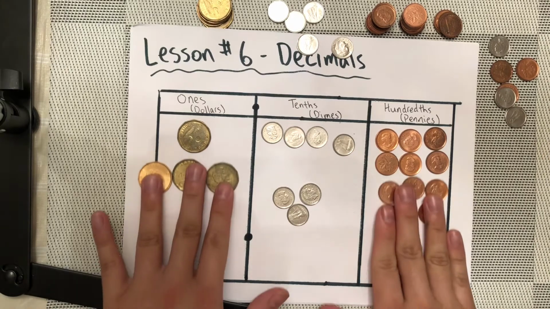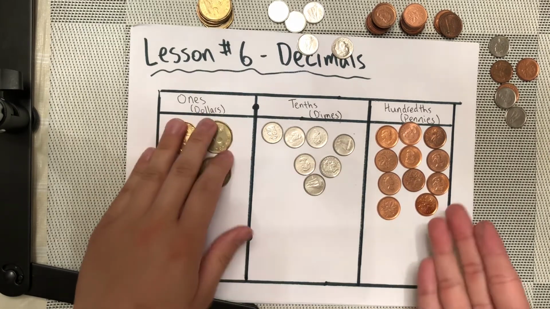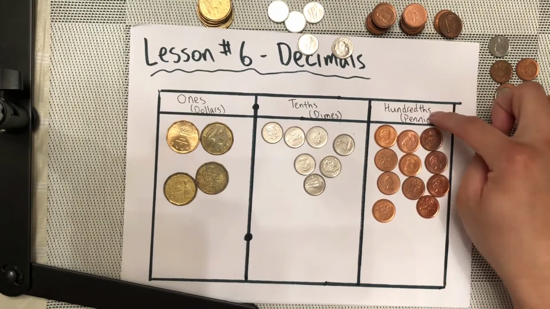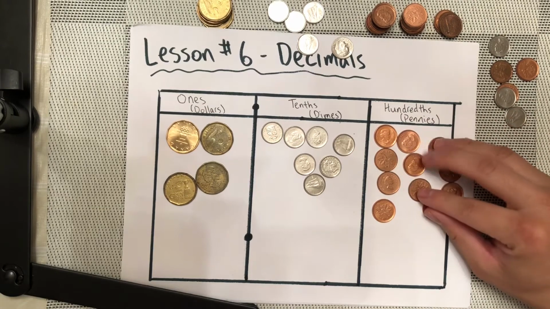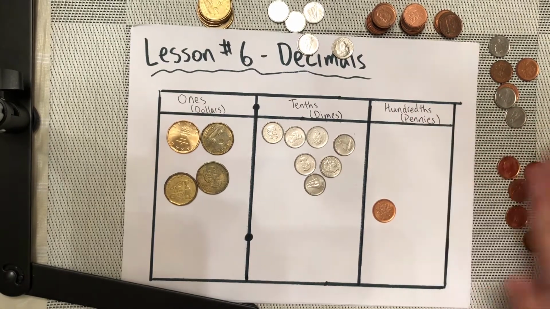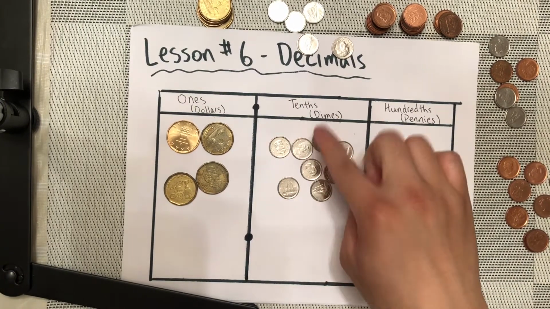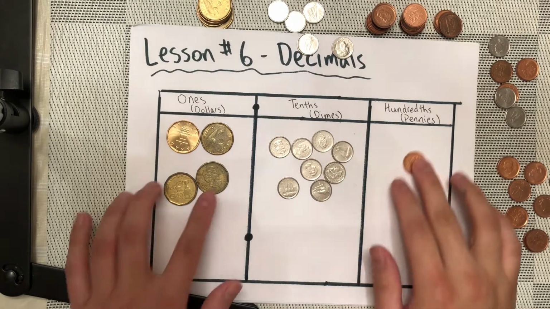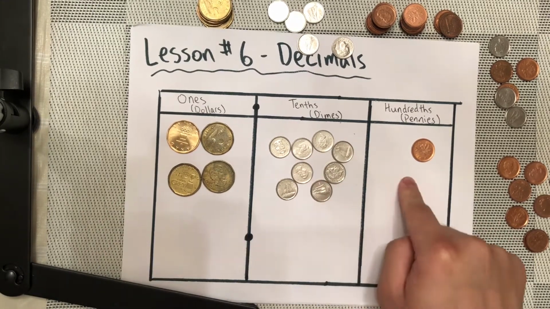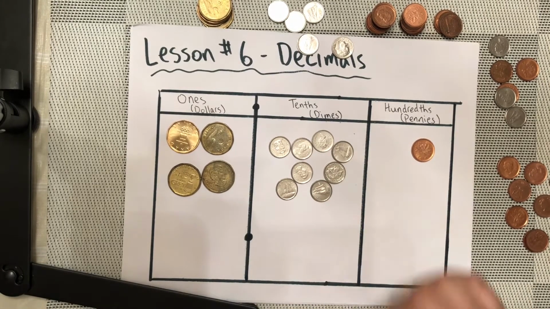We'll add them up now and see what we get. First thing you need to notice is that I have more than 10 pennies, or more than 10 hundredths, so I can trade 10 of those for 1 dime. Do I have more than 10 dimes here? More than 10 tenths? Nope, I have less than that. So this is my total here, $4.81.